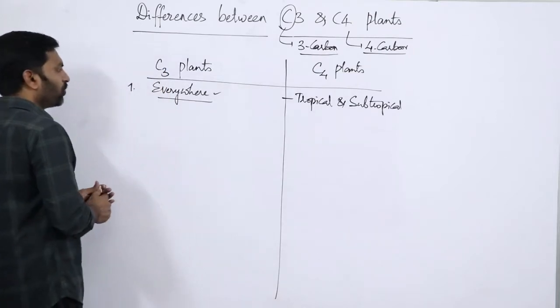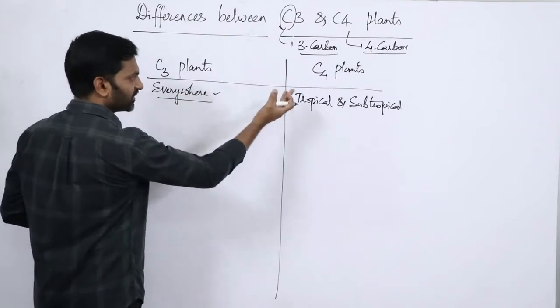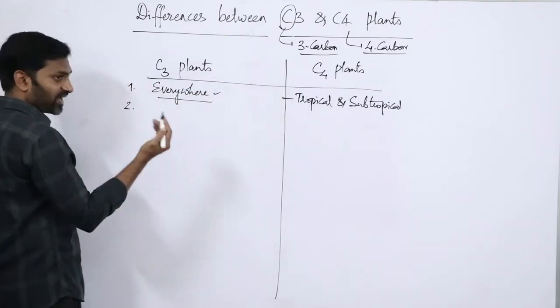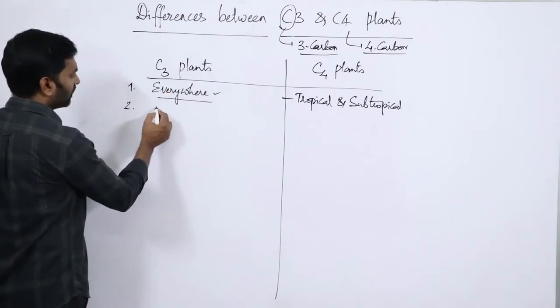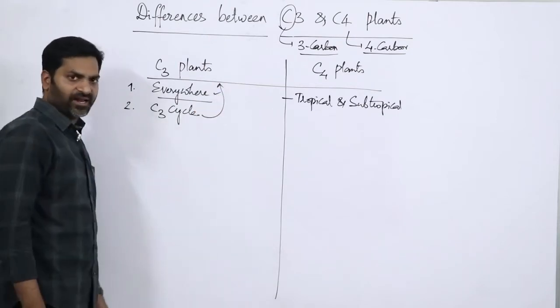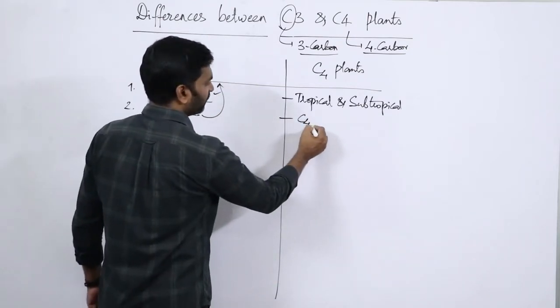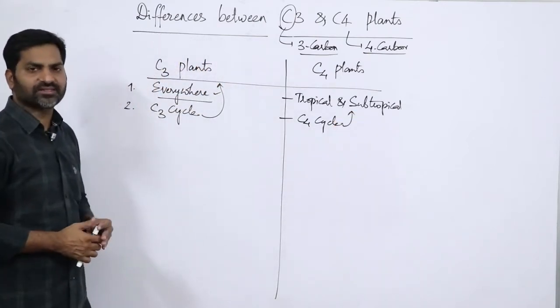Clear? Now there is a second difference between C3 plants and C4 plants, based on the cycle occurring in the plants. The C3 cycle occurs in C3 plants, whereas the C4 cycle takes place in C4 plants. This is the second difference.